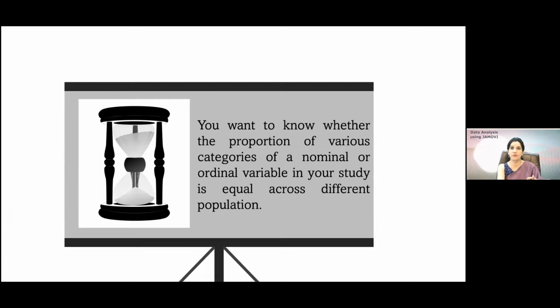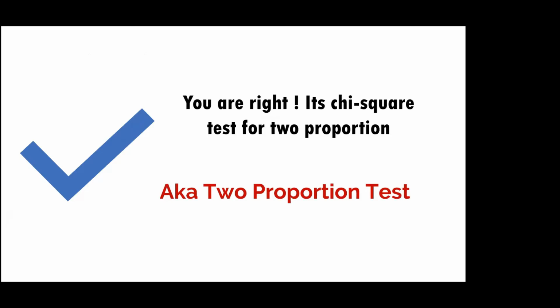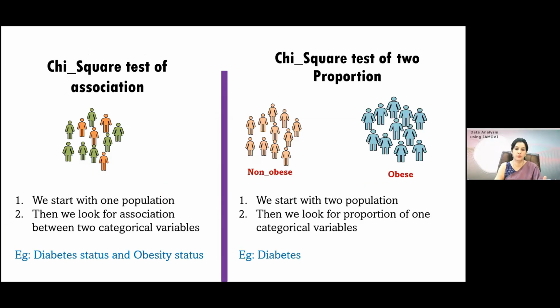So in this case, we want to know whether the proportion of the various categories of a nominal or an ordinal variable in our study is equal across different populations or not. So there I talked regarding the type of study design. So the appropriate statistical test will be the chi-square 2 proportion test.